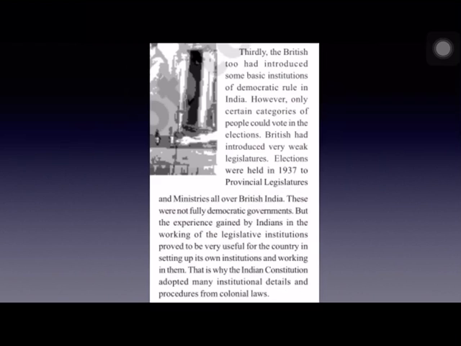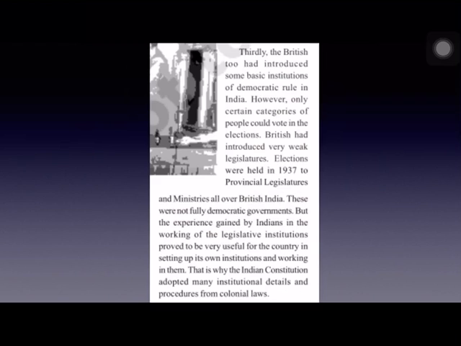In British India, the last elections were held in 1937. These elections to provincial legislatures were not fully democratic. That means they were not elected by all the people on the basis of universal adult franchise, because that is the main feature of a democracy. Elections should take place on the basis of universal adult franchise.